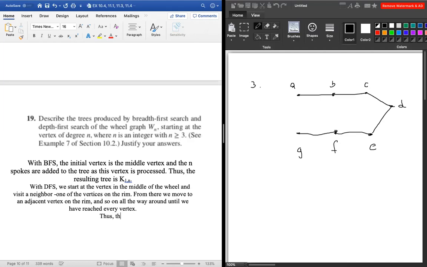Thus, the resulting spanning tree is a path of length n.